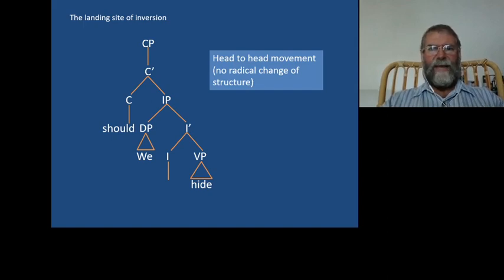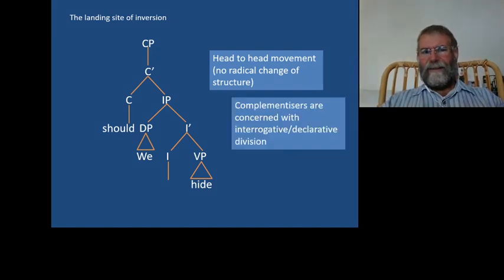So what we've got here is head-to-head movement, and that involves no radical change of the structure. So that's another way in which we might see that movements are restricted. We've seen movements are restricted in that they have to be short or local. Well, it may be the case that movements are even more restricted than that, and that they're not allowed to change the structure too radically.